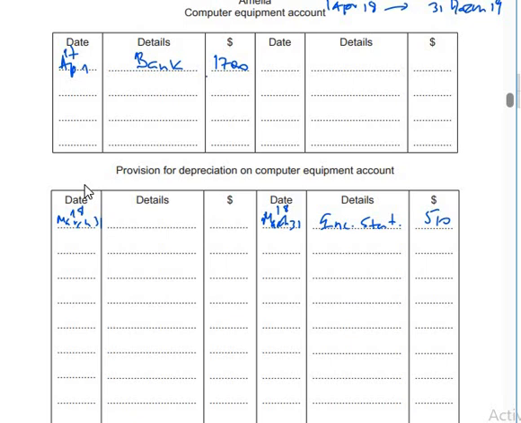All right, and we have to show the balance carried down of 510, and we add both sides. We close for that year 510, 510, and the next day, which is April 1st 2018, right, we have a balance brought down of 510, right? So this is the situation for the first year.